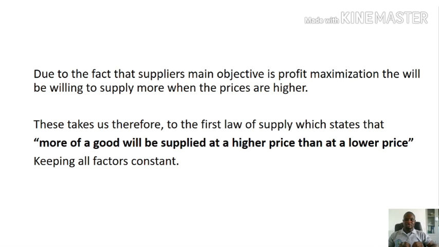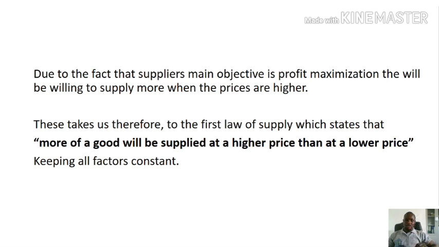So when is it possible for you as a producer or a supplier to make profits? It's obvious that you will be making profits when the prices are higher. Of course, when the selling price is more than the production price. So if you are producing, you know that you want to make profits. So you are only willing to supply more in the market when prices are obviously high.